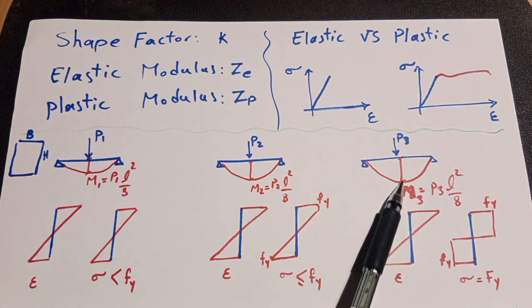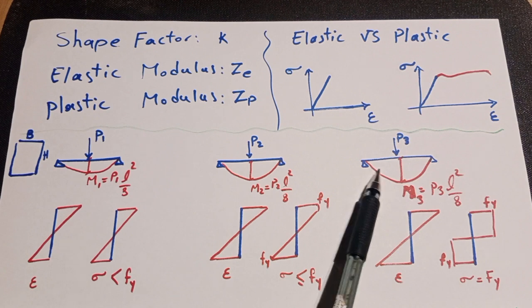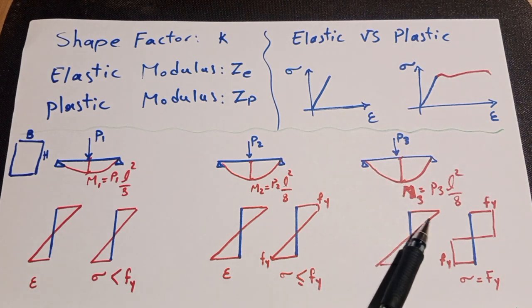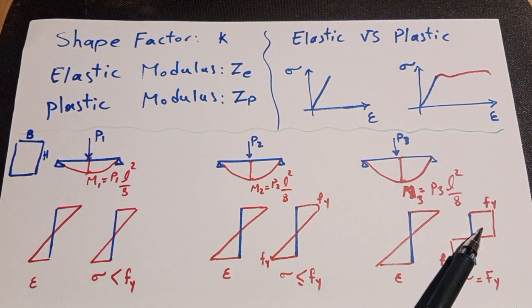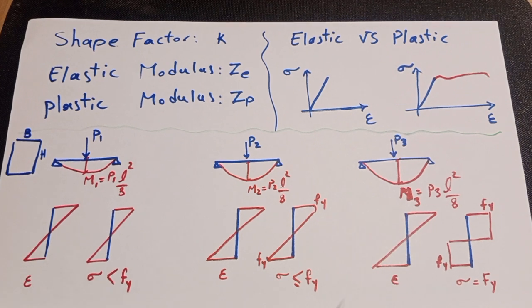And P3 is causing the plastic moment. The whole section, especially the maximum point, is reaching the plastic range. It means the whole section depth experiences Fy stress, but strain is still increasing in a linear manner.